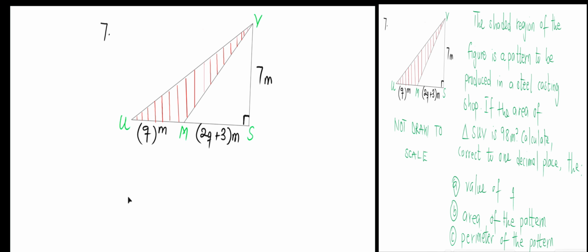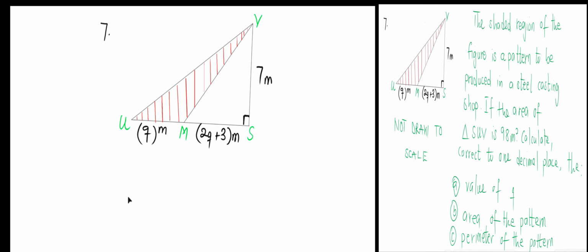And C, the perimeter of the pattern. The pattern here is the shaded region of triangle SUV.